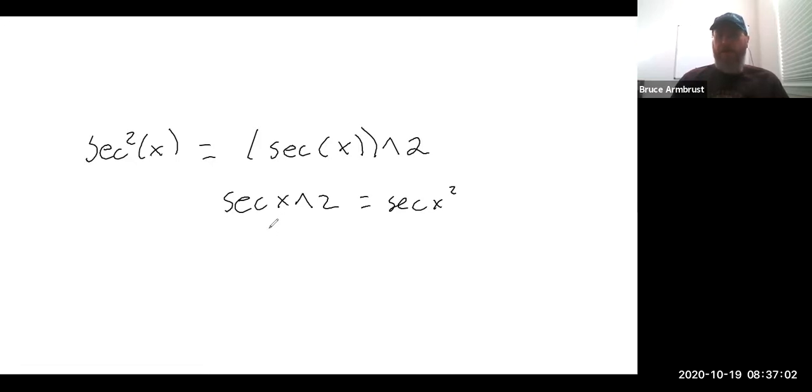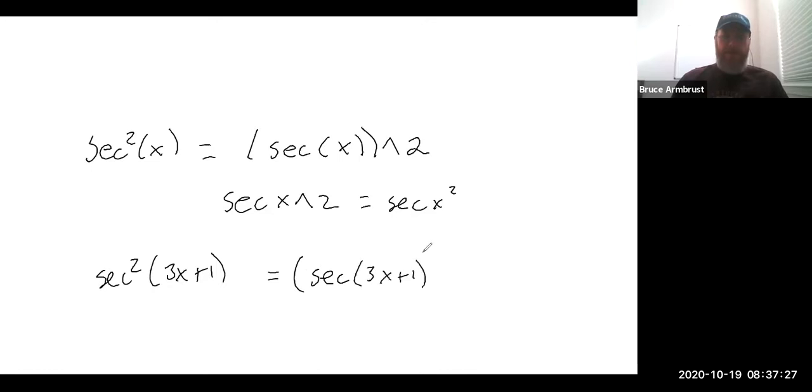So my suggestion is use lots of parentheses. Put parentheses around everything that's inside the trig function. Let's say we wanted to do secant squared of 3x plus 1. Parenthesis, secant, parenthesis, 3x plus 1, close parenthesis, close your secant, square, right?